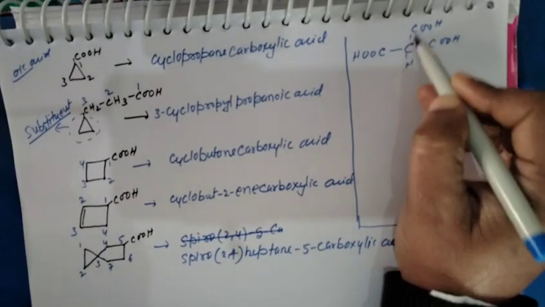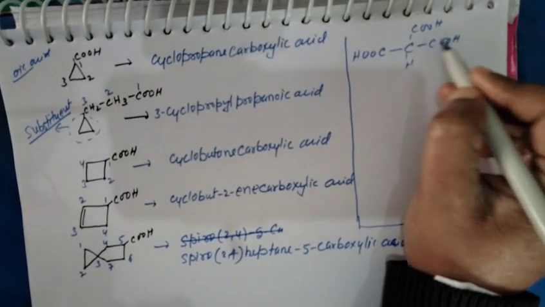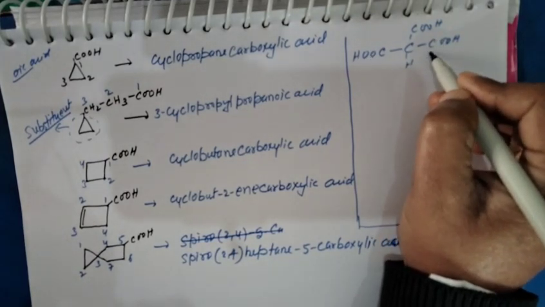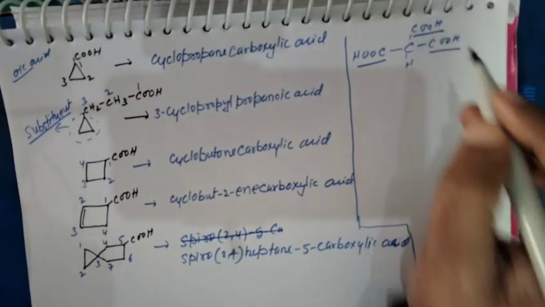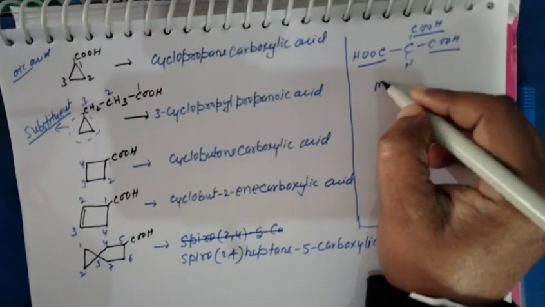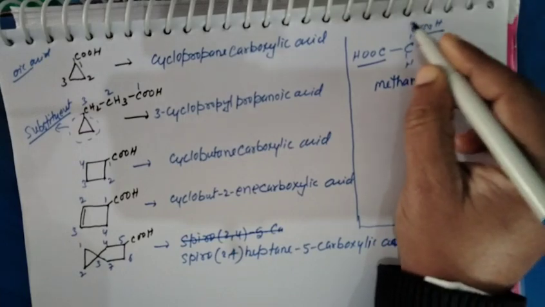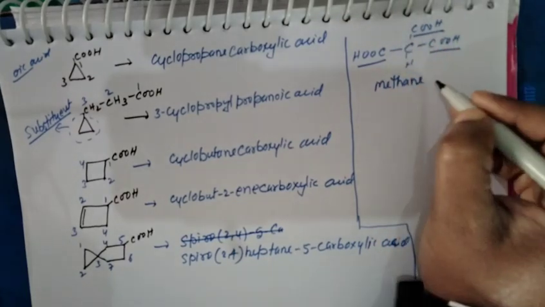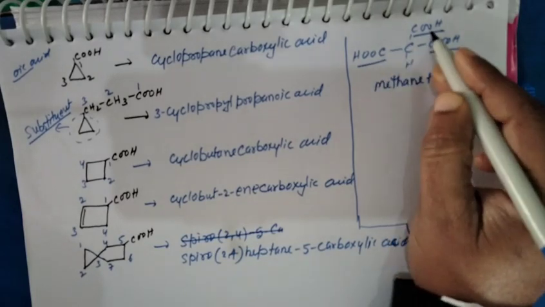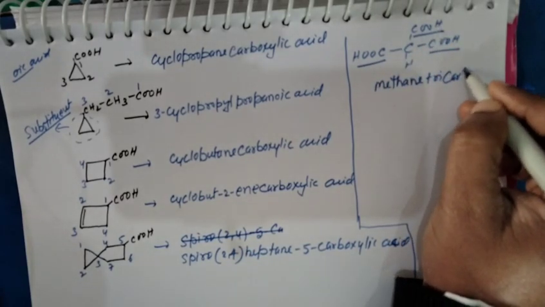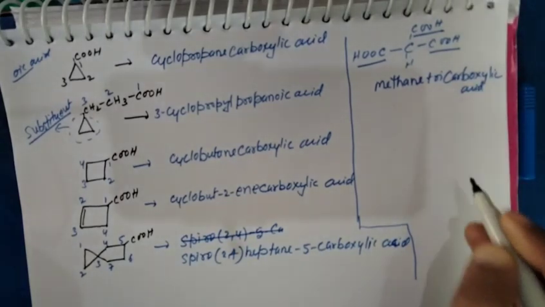So according to IUPAC, you do not take these as a parent chain. You have to not count the carbon atom of these for this compound. So simply we can say methane. Why methane? Because there is a single carbon here, and these are 3 carboxylic acids. So methane tri, for 3 COOH, and then carboxylic acid: methane tricarboxylic acid.